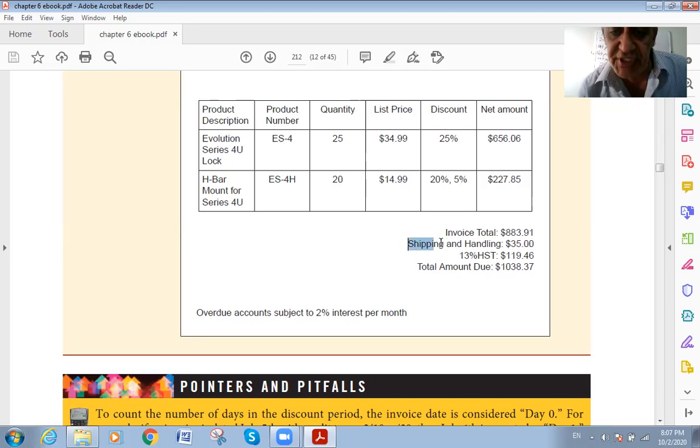So all this is shipping. It's called shipping costs. This is $35. Plus the taxes, the HST, which is 13% taxes from the total amount. So the total amount will be 1,038.37.